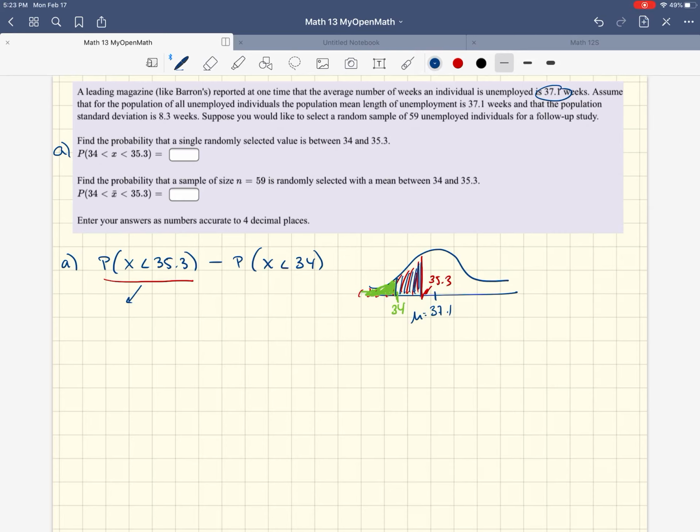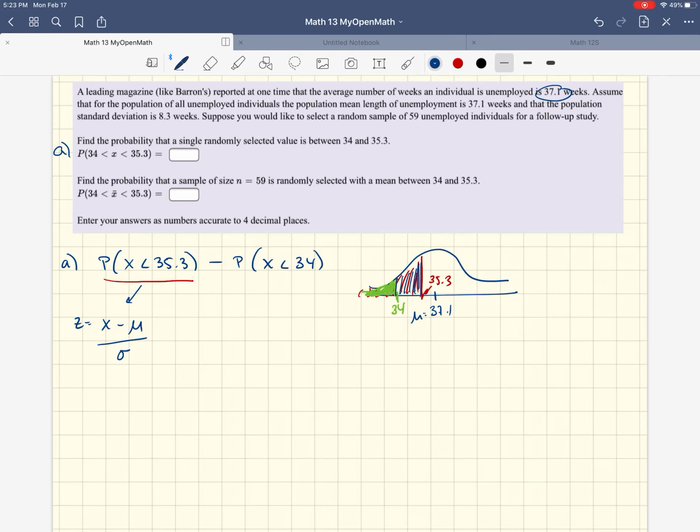First probability: the probability that a randomly chosen individual has an average number of weeks of unemployment less than 35.3. Because this is not a standard normal distribution, it's just a normal distribution, we need to find the corresponding z-score. So we're going to use our random variable minus our mean divided by the standard deviation.